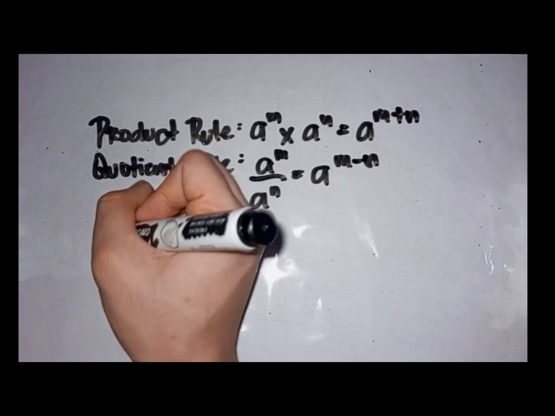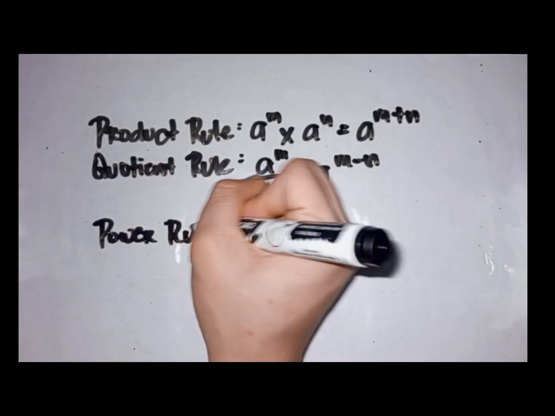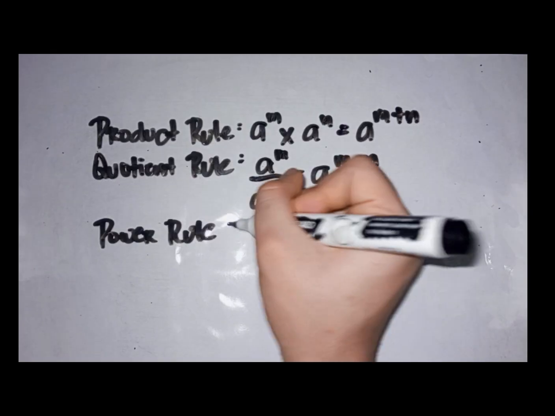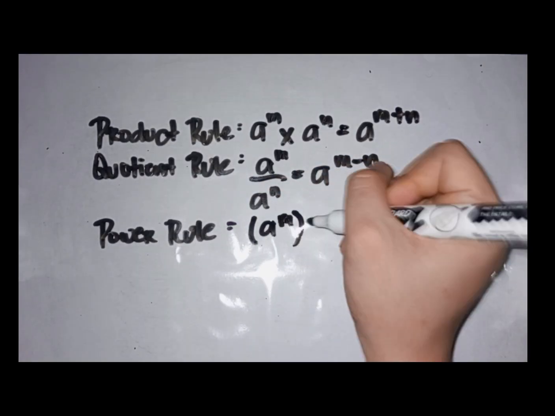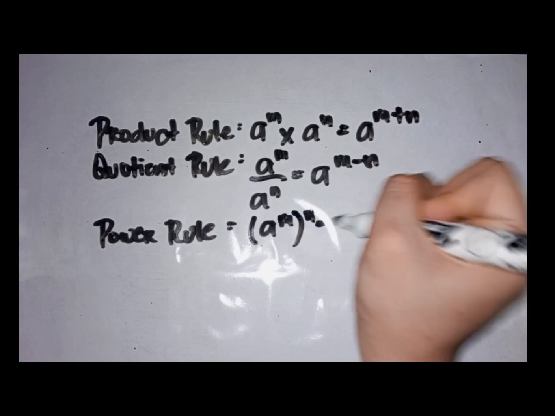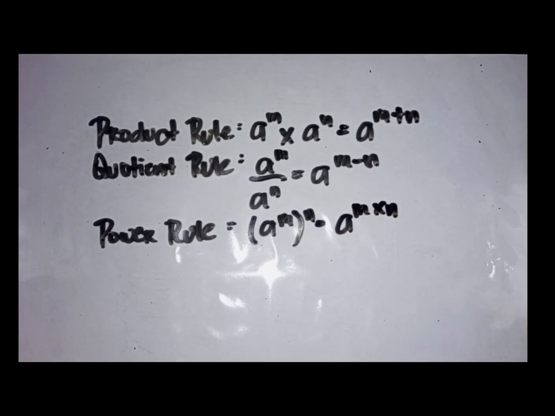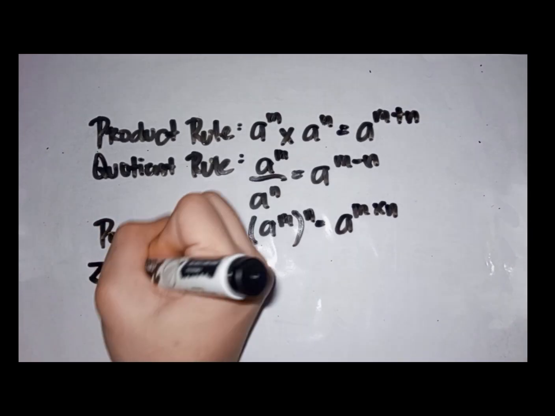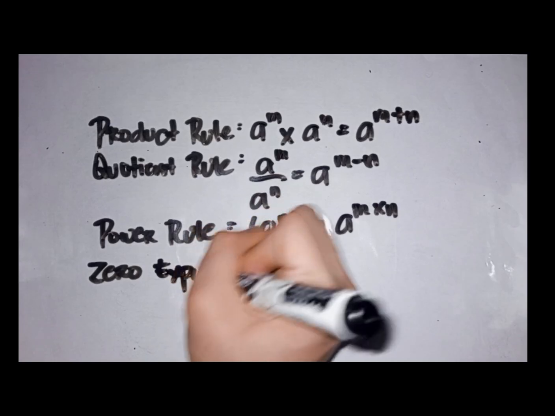Now the power rule is a raised to m, raised to n, is equal to a raised to m times n. So we multiply.